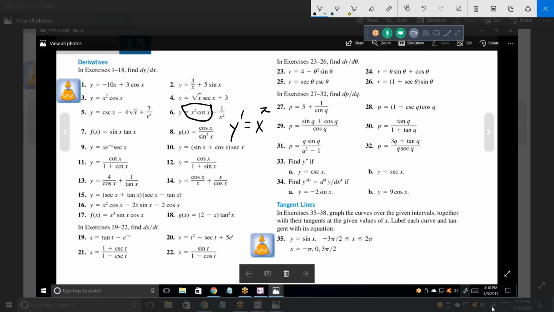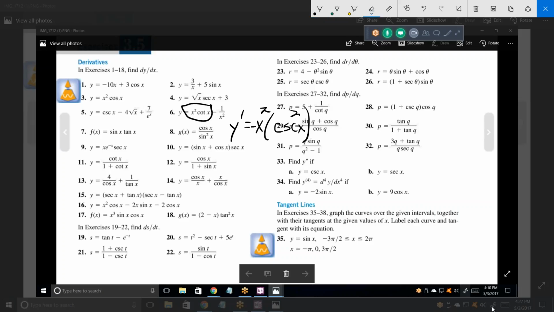Almost. When I was doing tangent, what was the derivative of tangent? Secant squared x. So what's the derivative of cotangent? Cosecant squared, yes, with a negative in front of it. And I can move that negative to there.